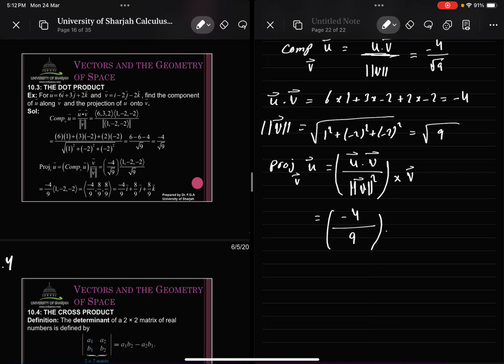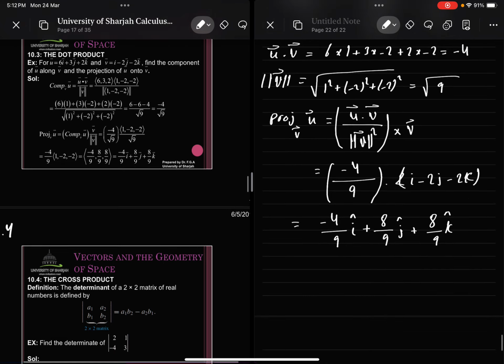And we have vector v, which we can write as i minus 2j minus 2k, and it will be negative 4 over 9 i plus 8 over 9 j plus 8 over 9 k.